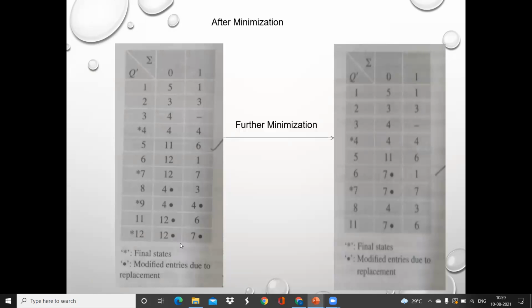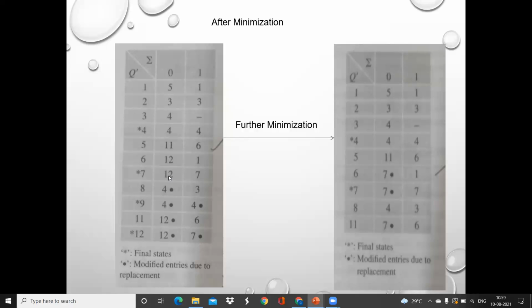After this replacement, we need to check whether we are getting any new equivalent states. Look at state number 7 and 12. Their transitions are the same.